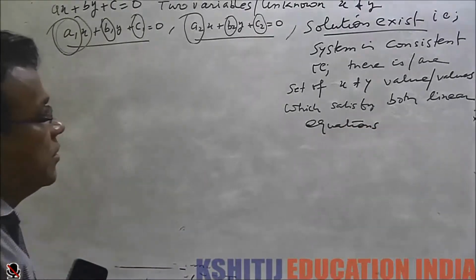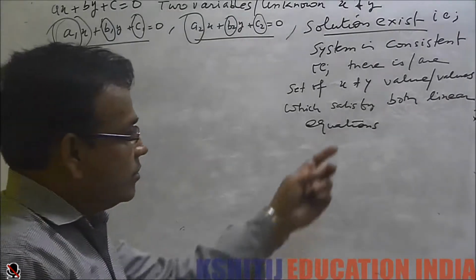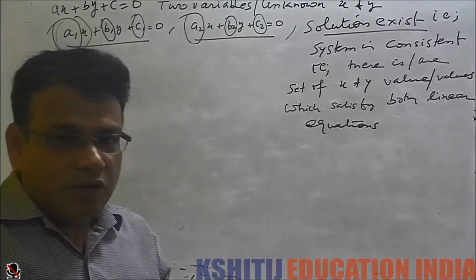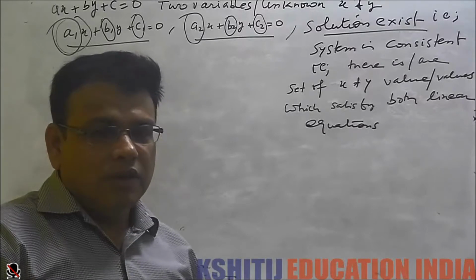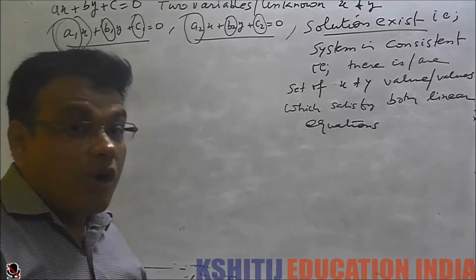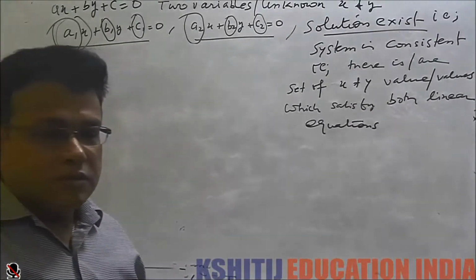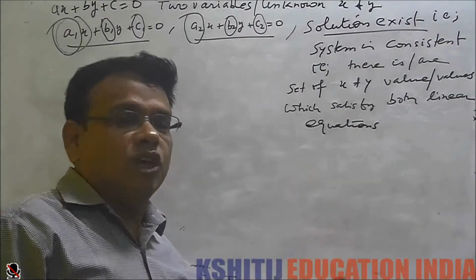Okay. So I just mentioned 'is' and 'are'. That means there could be one set of values of x and y which would satisfy both the equations, or there could be more than one, many, infinite values which would satisfy both the equations.